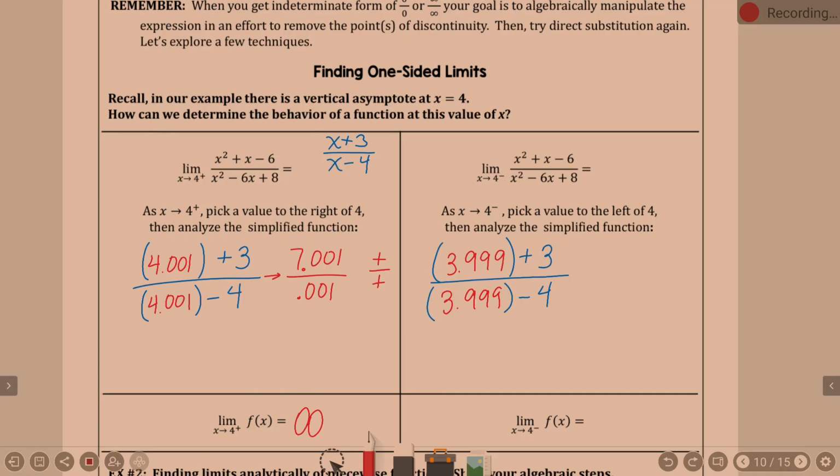On top, you're going to get 6.999 divided by, on bottom, negative 0.001. So on top, we have about the same as last time, about 7. On bottom, you have about the same as last time, 0.001, except it's negative.